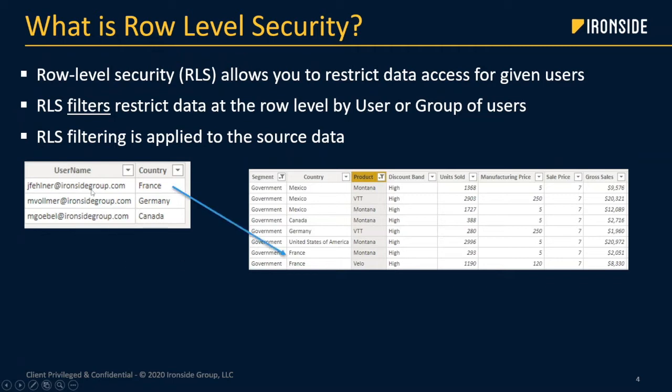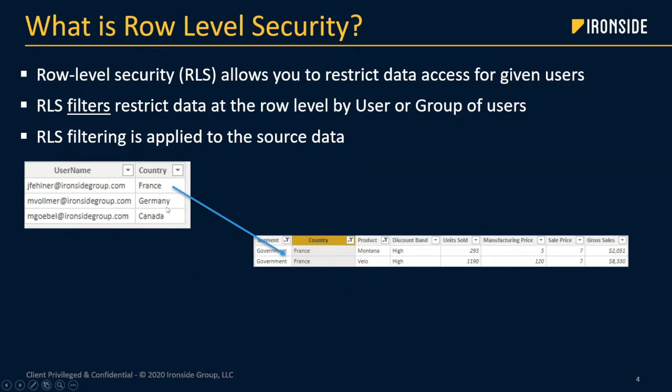When he looks at it, we want to make sure that when John logs in, he's automatically, without being able to override it, got a filter applied like this, so that he only sees the records in the data set that belong to France, okay? So it filters and restricts the data at the row level in the data itself.